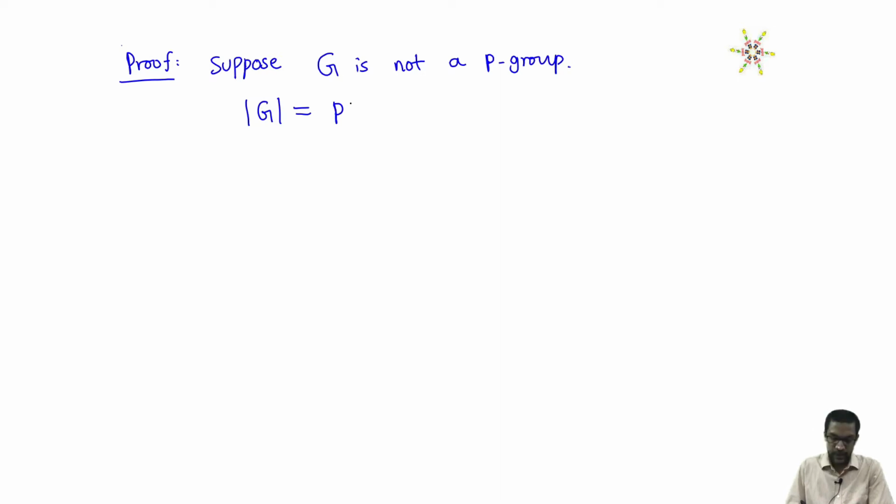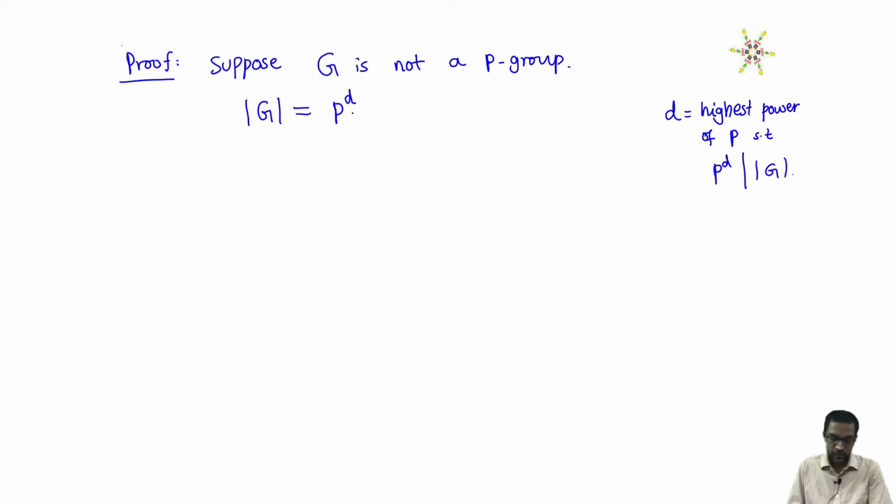Okay, and of course it can occur to some power, right? The cardinality could be divisible by P, P squared, P cubed, and so on. There will always be some highest power of P which divides the cardinality. So let me call that D. So what is D here? D is the highest power of P such that P to the D divides the cardinality of the group.